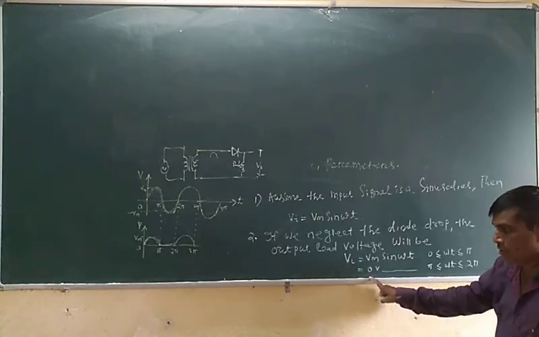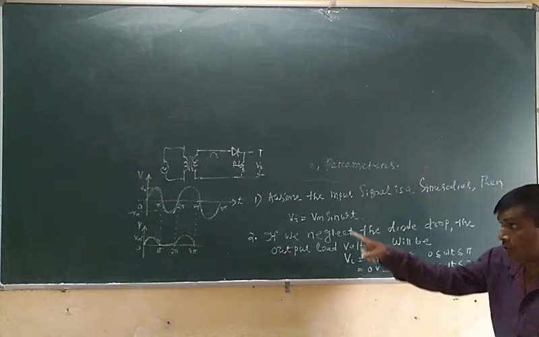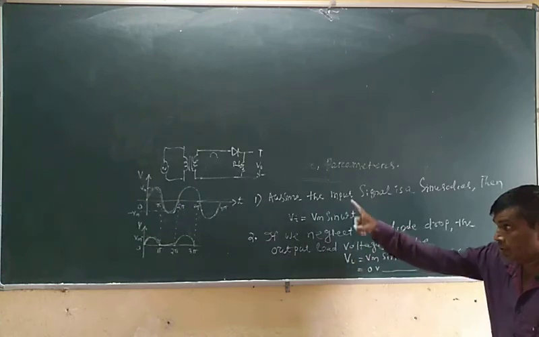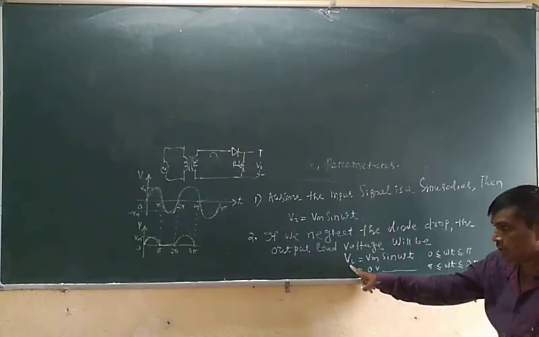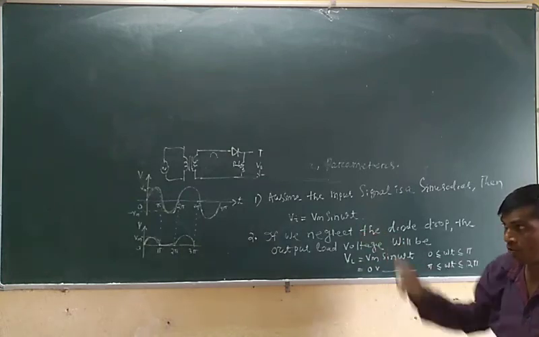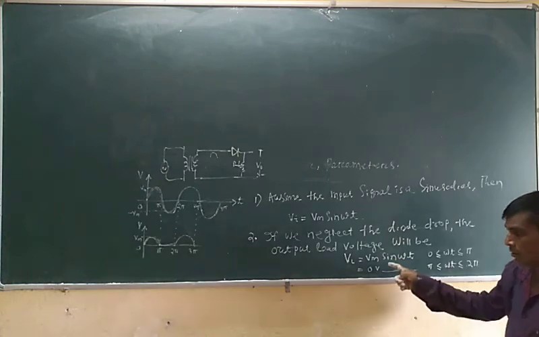Okay. In the first half cycle, the positive half cycle, the diode conducts this voltage and current, so the load voltage VL equals Vm sin omega t, because we applied a sinusoidal signal to the input side.